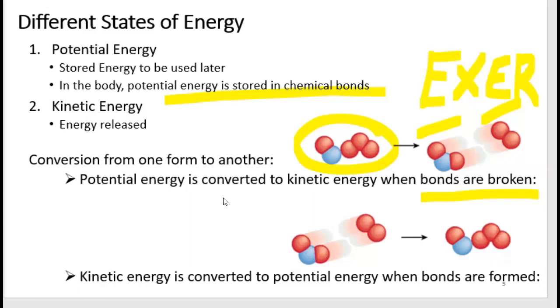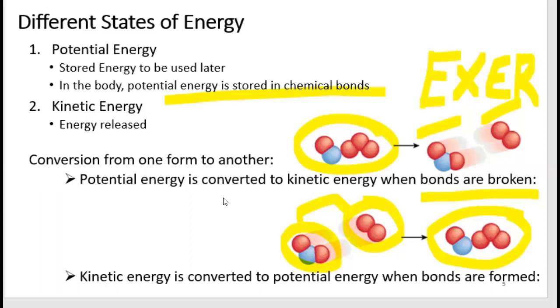Another way that we convert from one form to the other is our bodies take small compounds and put them together to form a larger compound, and bonds have been formed to make that larger compound. In this way, these beginning or starting molecules are moving, and that's kinetic energy.